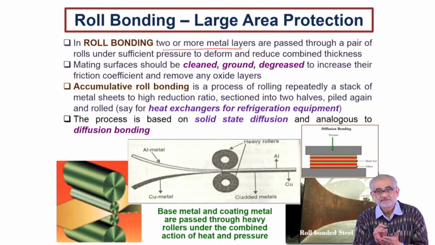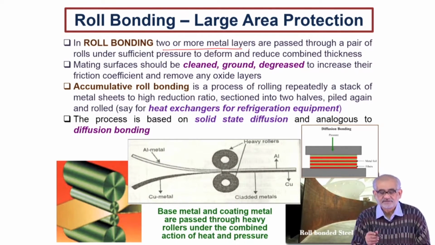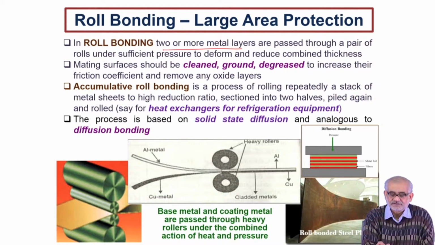Then during rolling, the deformation occurs, and during deformation there will also be the possibility of mechanically driven interdiffusion. So that means the metal from sheet A diffuses into sheet B, and sheet B atoms can also diffuse into sheet A. So there will be a diffusional layer, an interdiffusion layer.